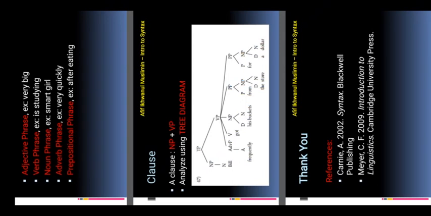Then the second branch is the verb phrase, and the verb phrase is parsed into five branches. The first is frequently. Frequently is an adverb, that's why it's called an adverb phrase. Then the second branch in the verb phrase is the verb, so we have the word got.